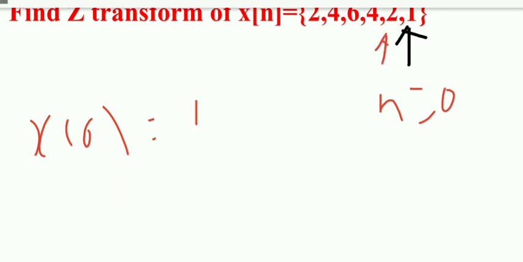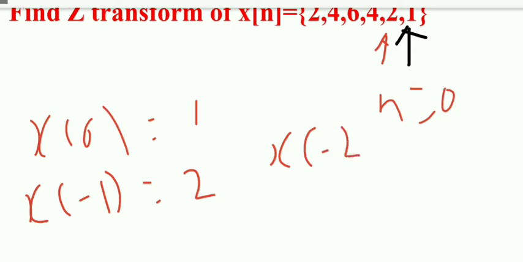Whatever the samples that lie on the left hand side of n 0 take negative values of n. So x of minus 1 is 2. X of minus 2 is 4.